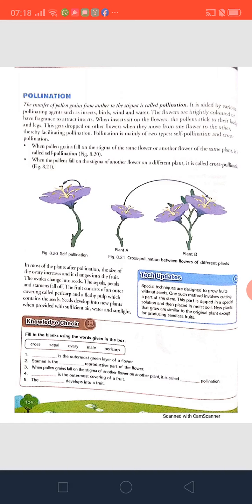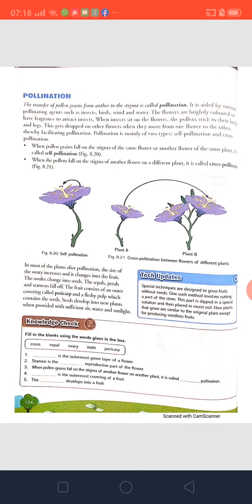How do they help in pollination? Insects sit on the brightly colored flower, and the sweet odor also attracts them, because it contains nectar, and that is why insects get attracted.